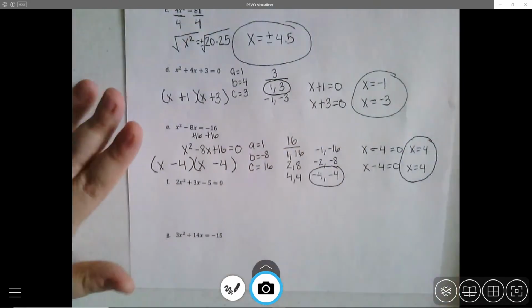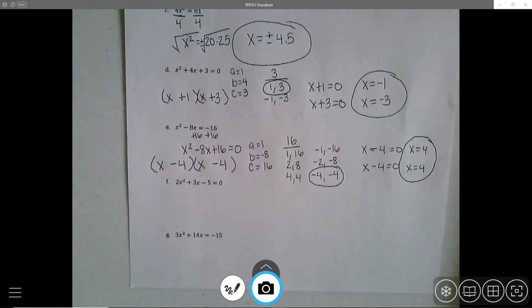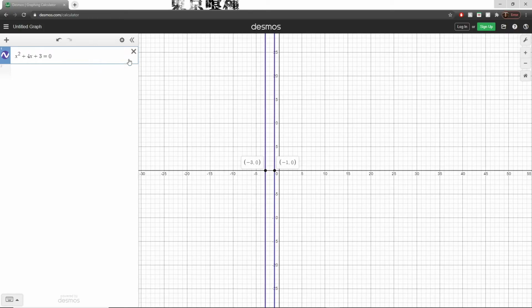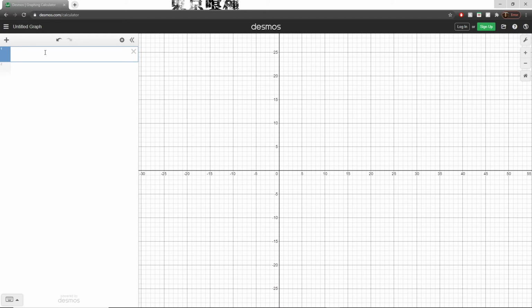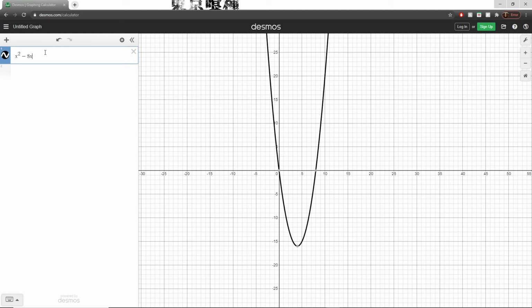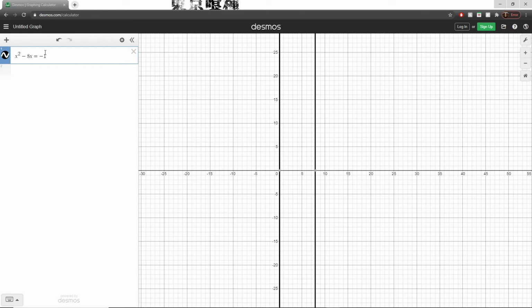Let's look at this one on the graph to see what it looks like. Okay, back here at the next one, which is E. So I have x squared minus 8x equals -16.